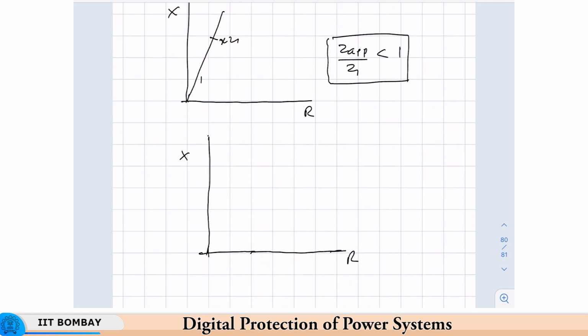So instead of checking whether the impedance lies only on part of this line, you will have to check whether it lies in this convex area here, which is a quadrilateral. Okay, so we have now added a bit of complexity in terms of the fault impedance.